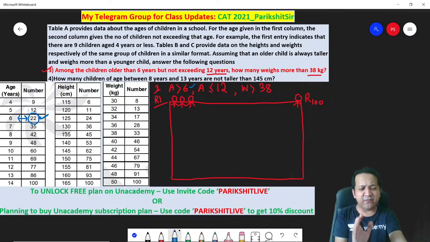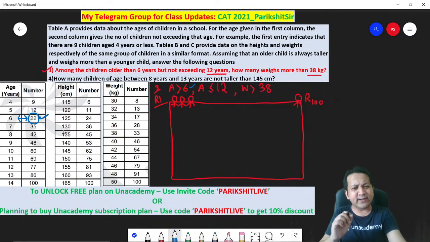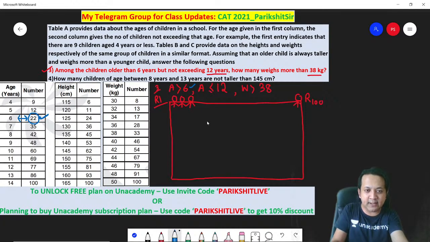So if less than is 22 children, greater than must be the remaining. The remaining means roll number 23 to roll number 100. Roll number 1 to 22 is less than 6, and the remaining, roll number 23 to roll number 100, is greater than.